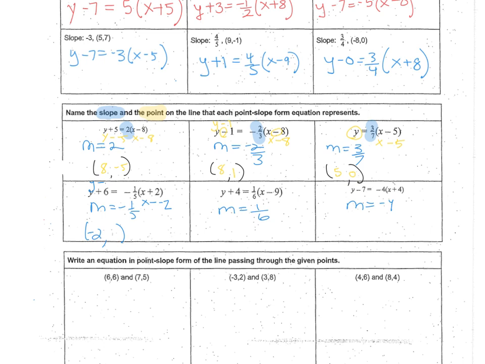And y minus a negative 6. That's what made it a positive 6. The x value here is 9, and y minus a negative 4, so the y coordinate is negative 4. Here the x is negative 4, that's what made that into a positive, and y minus the y coordinate, the y coordinate is 7.